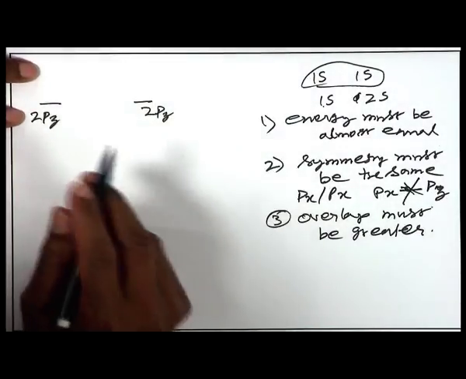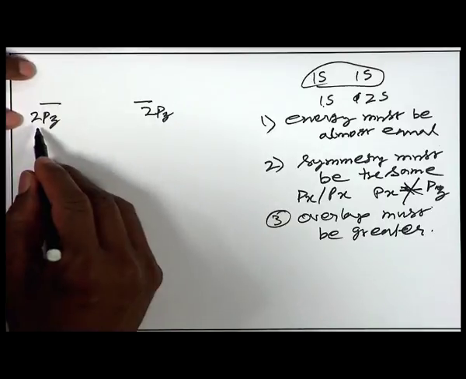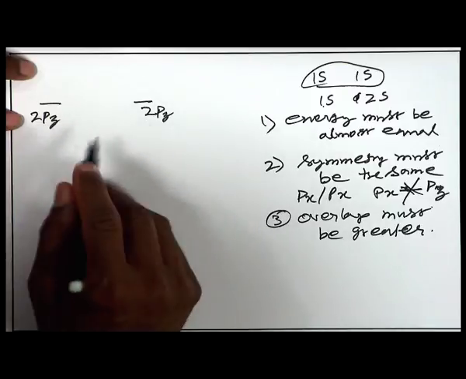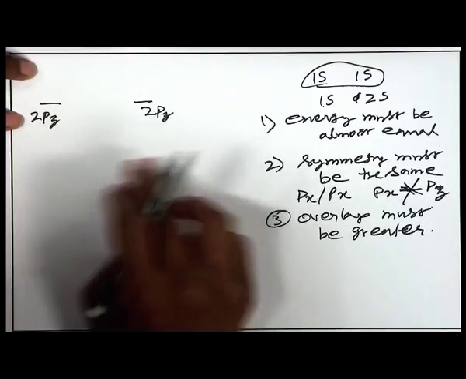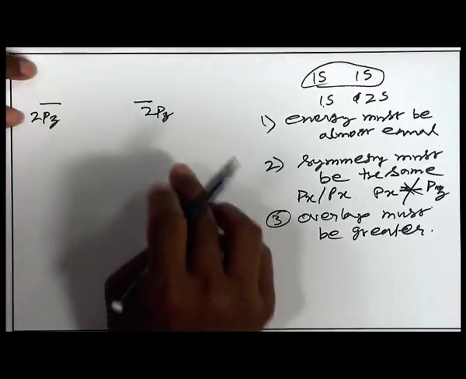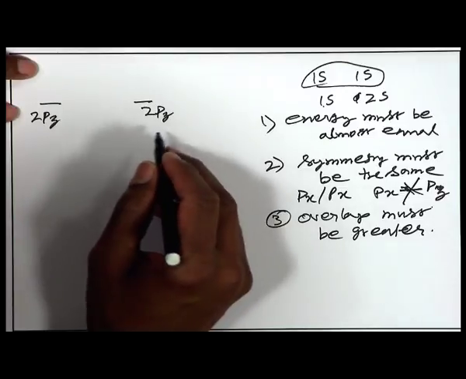What we have seen so far is the combination of a 1s orbital with another 1s orbital. Now we are seeing the combination of a p orbital with another p orbital. If you take the Pz orbital along the internuclear axis, you can draw the interaction diagram of this type.